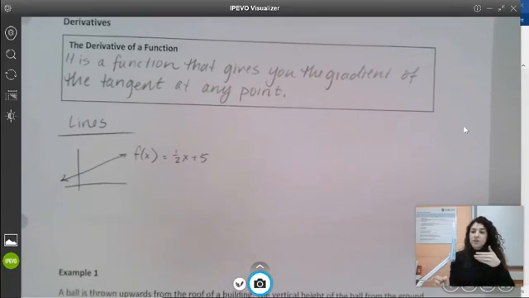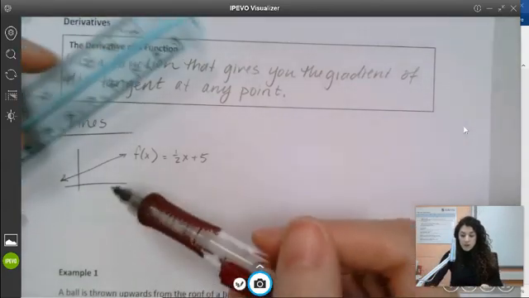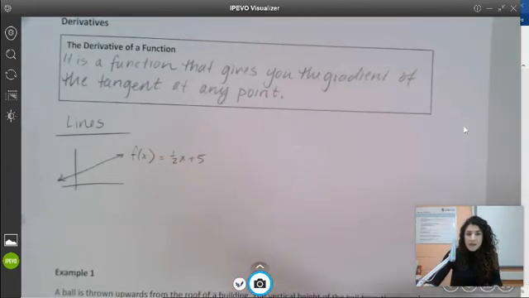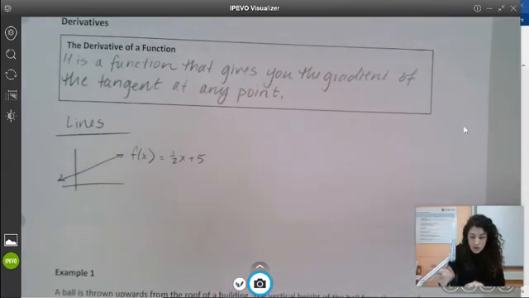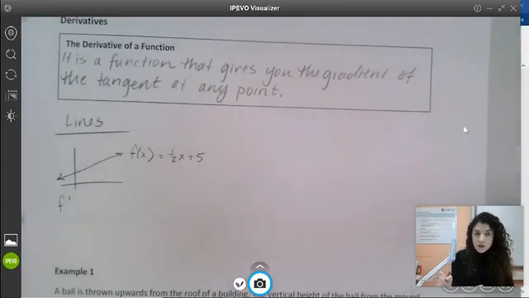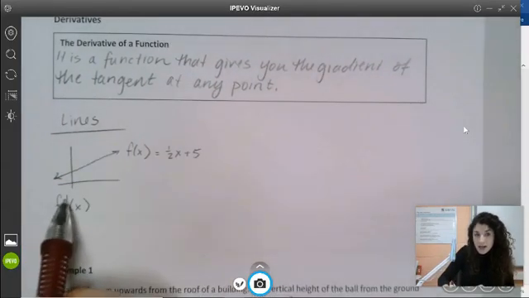And if I wanted to find the derivative, in other words, the slope of the tangent line at any given point, for this function, realize that since it is a straight line, the slope will always be the same. So the slope of your tangent line will always be really just the slope of this line. So I could tell you right now that the derivative of this, which is notated like this, f prime.